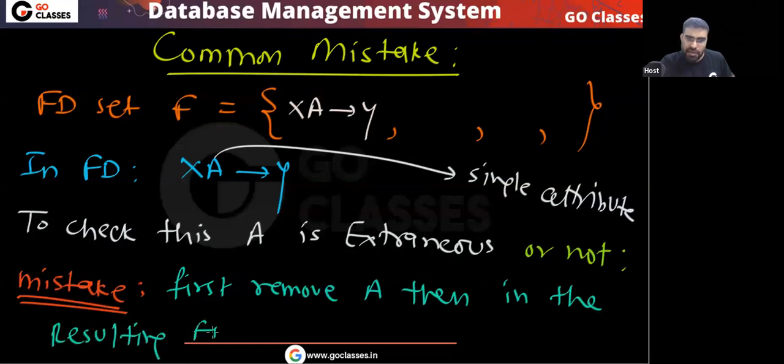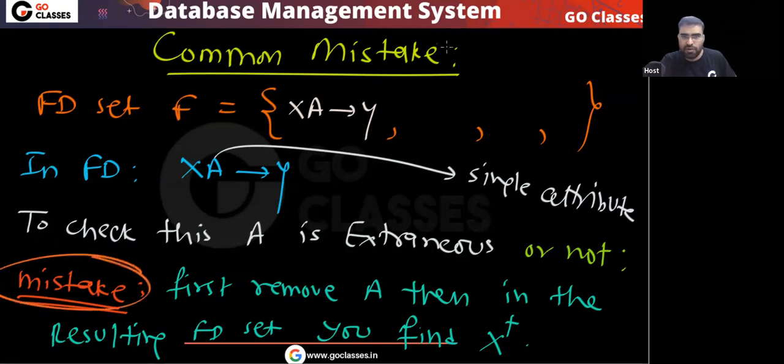So first remove A, then in the resulting FD set you find X plus. Is this clear? So don't do this. I'm telling you, if you do this, this will be a mistake.